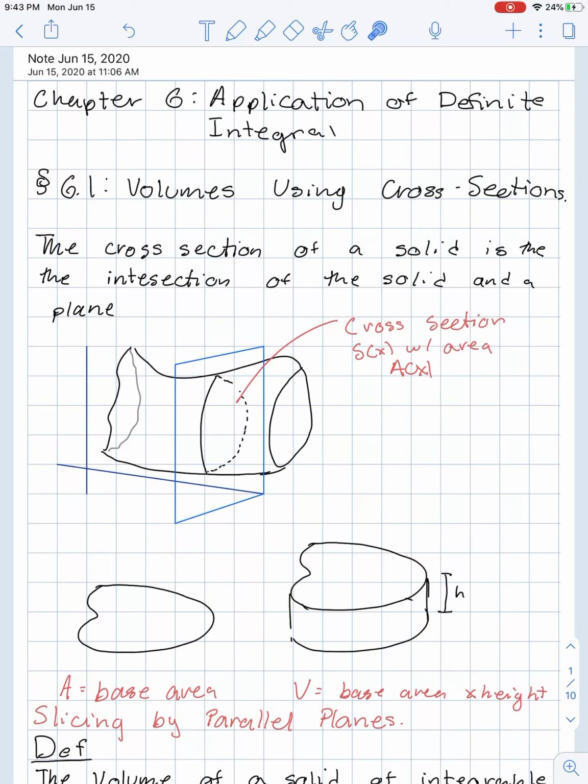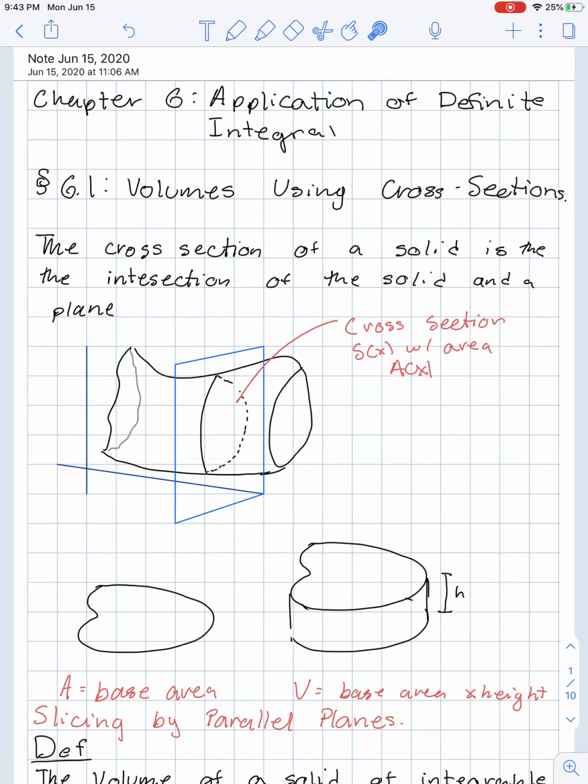So the cross section of a solid is the intersection of that solid and a plane.